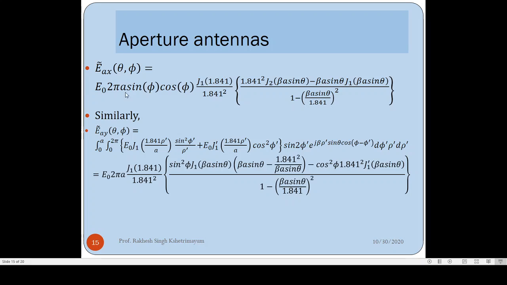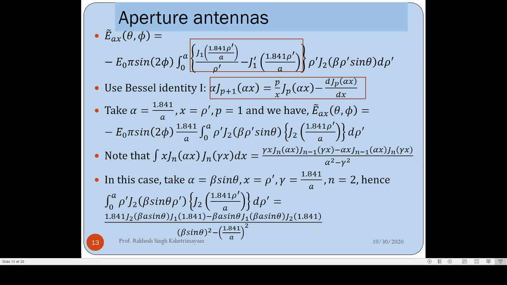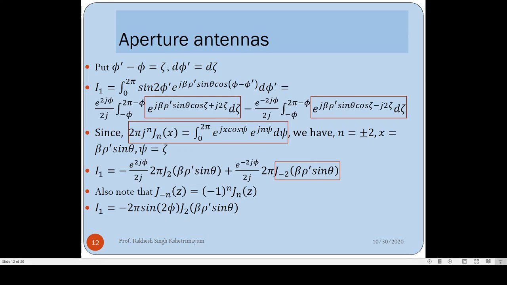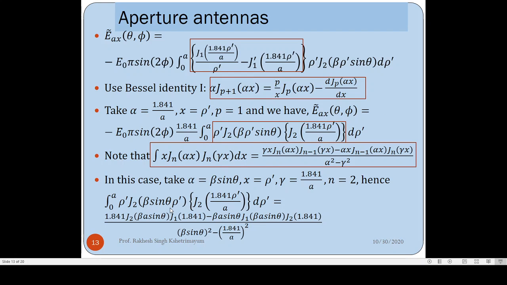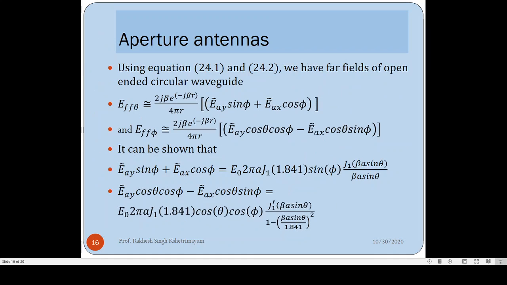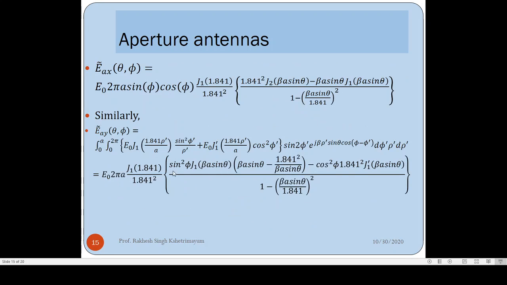This is a contribution from the first term. So the final expression is like this. We have derived this now.